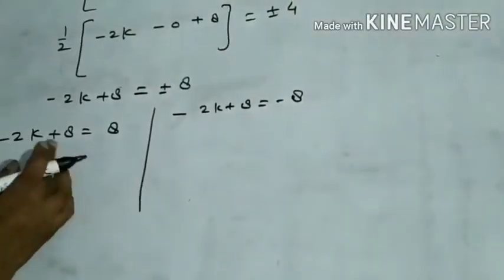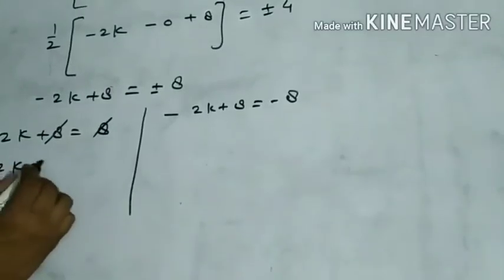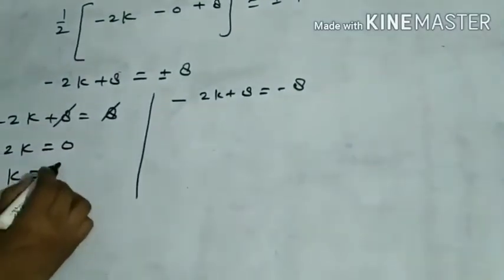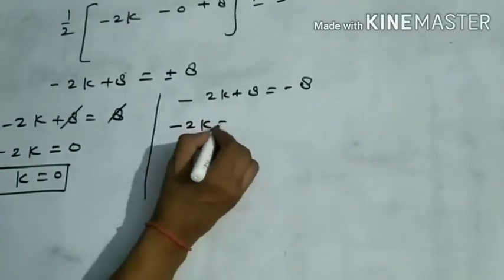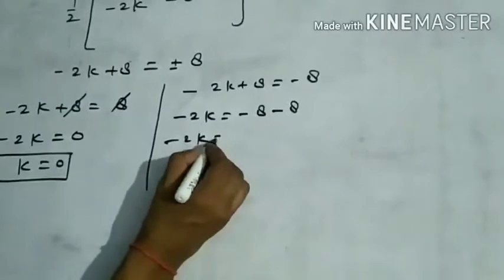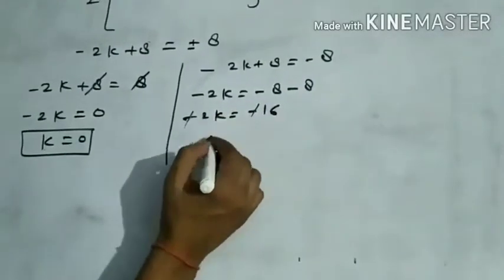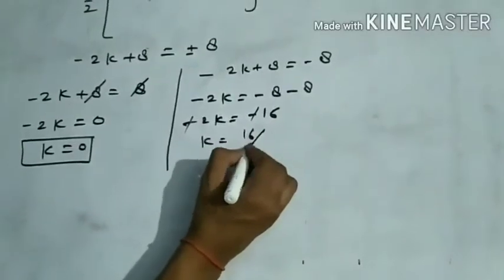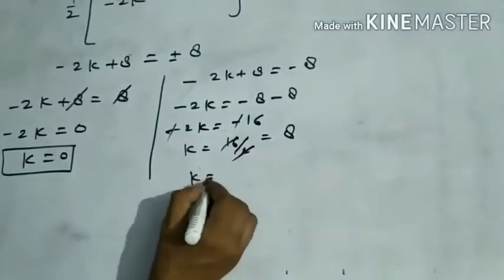So for the first one, the 8 cancels out, so minus 2k is 0, so k is simply 0. And here minus 2k equal to minus 8, minus 2k equal to minus 16, this cancels out, k equal to 16 by 2 means this is equal to 8, so k equal to 8.